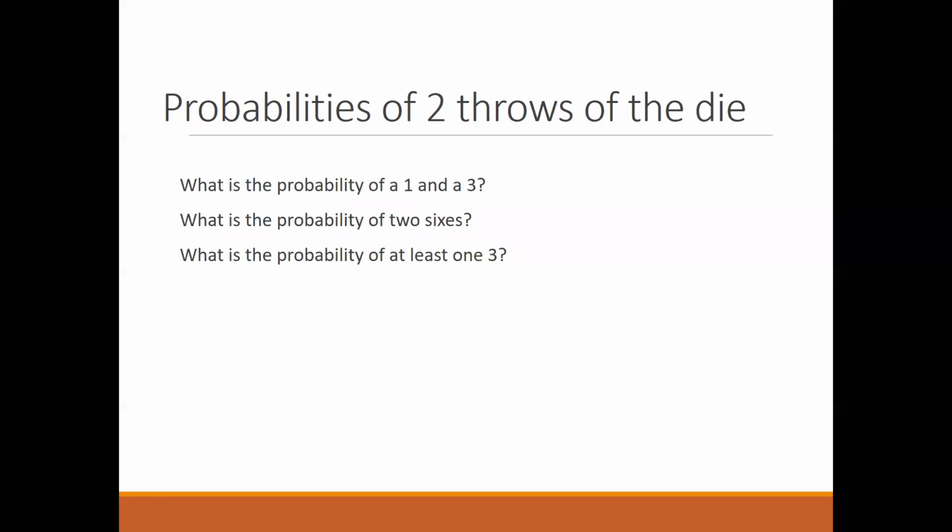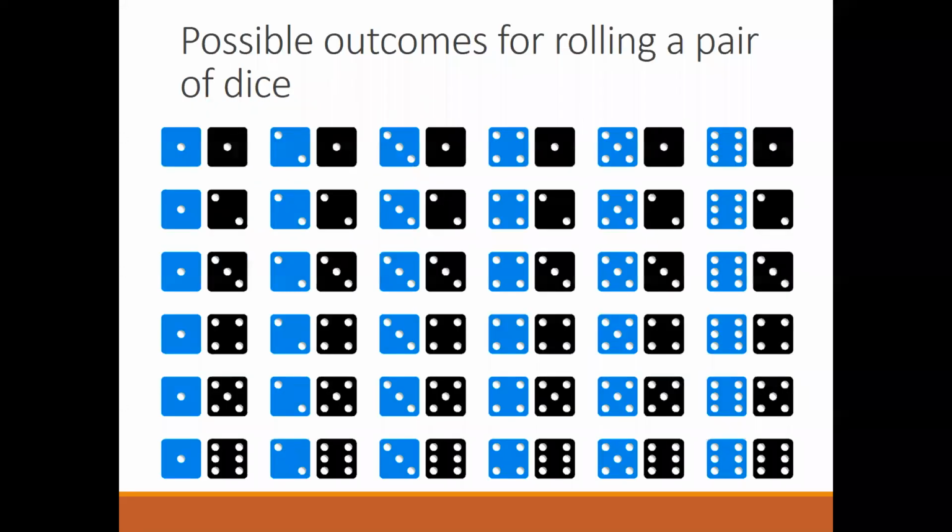At least 1 3. That means 2 3s are possible. So you look at this, 11 by 36, right? So all the options, or you can take this option first from here. We have 3 here. So there are 6 options here.